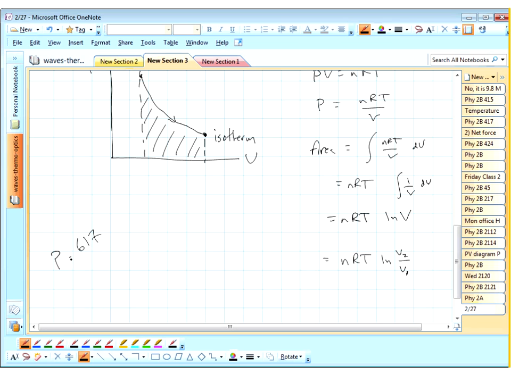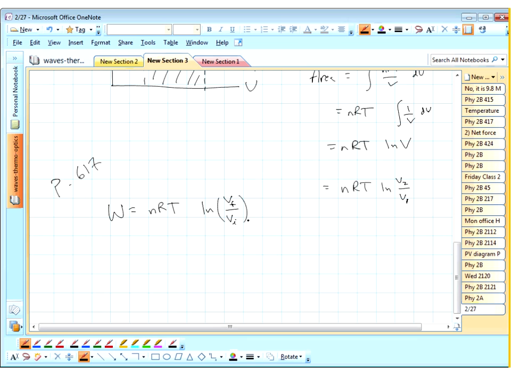So the work is equal to nRT times the natural log of V final over V initial. As far as we're concerned for this class, we would just be given this formula. I think it's on the formula sheet. And it should work out properly.